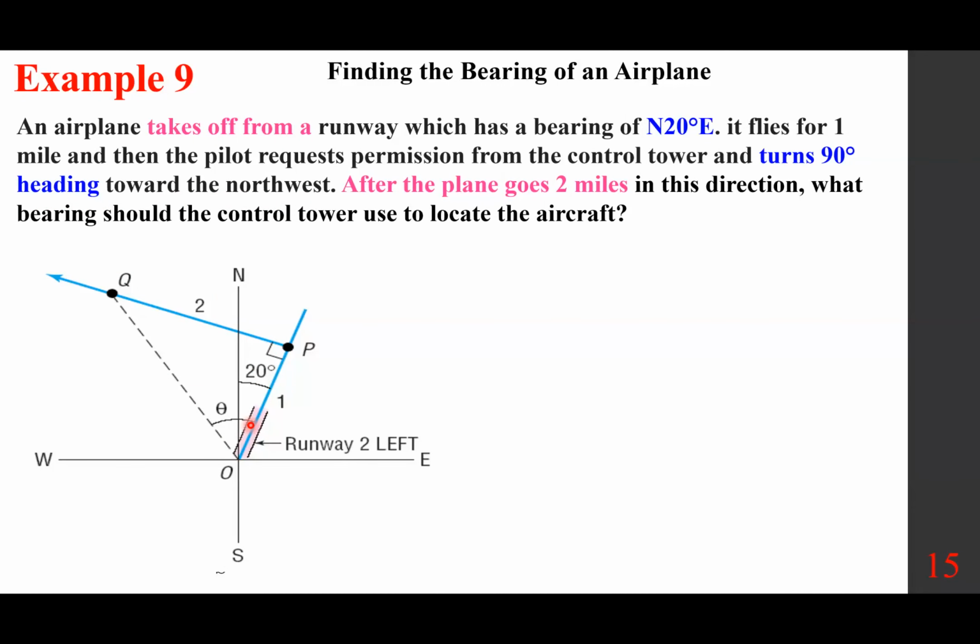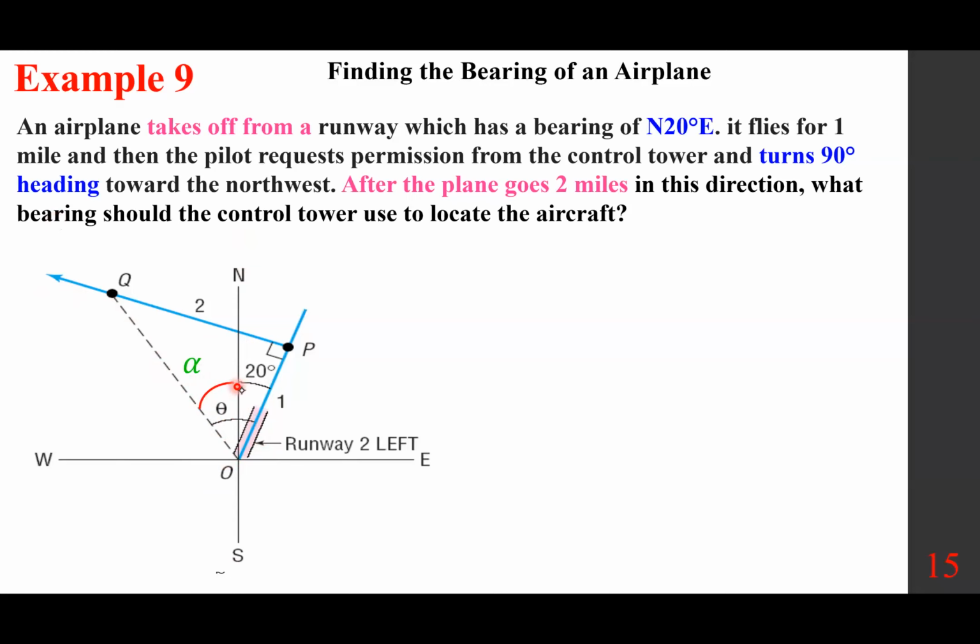We want the bearing. So the bearing is north, this angle, and west. So if you call this angle alpha, the bearing is north, alpha, west.